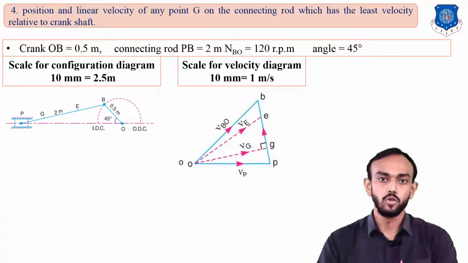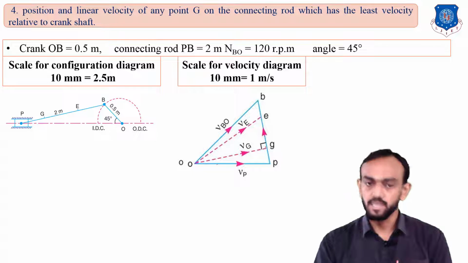Okay, so let's see how you will solve this. First of all, in this case we know the G point on our velocity diagram.